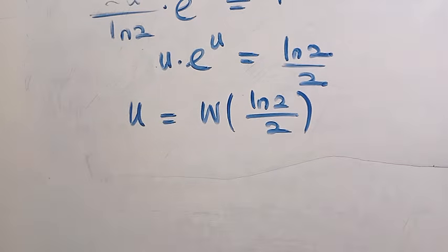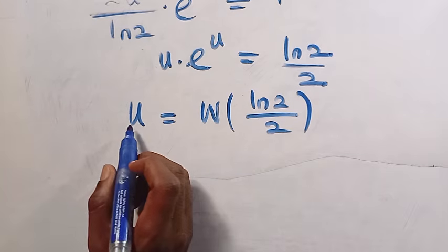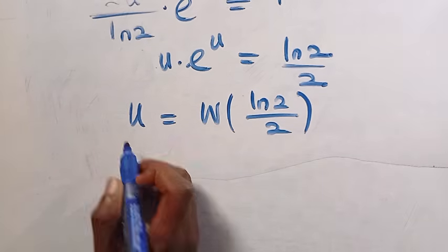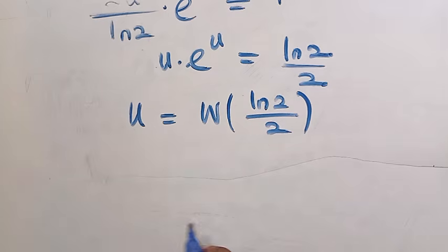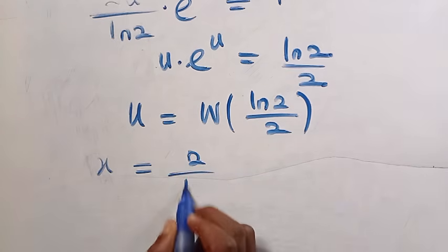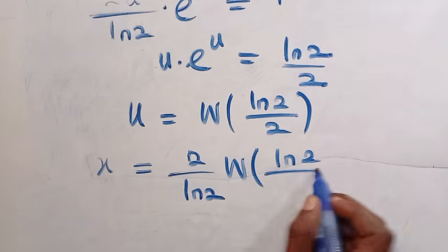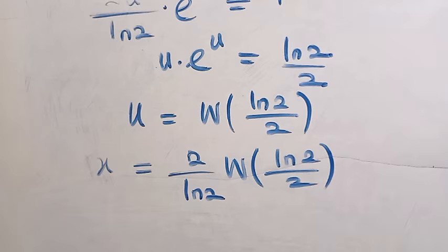Since u is given as x over 2 ln 2, by replacing it we have the result x equals 2 divided by ln 2, then the omega of ln 2 divided by 2. This is what we have. For the case of the negative, we can just change this to positive or negative in the bracket. This is how to solve this.